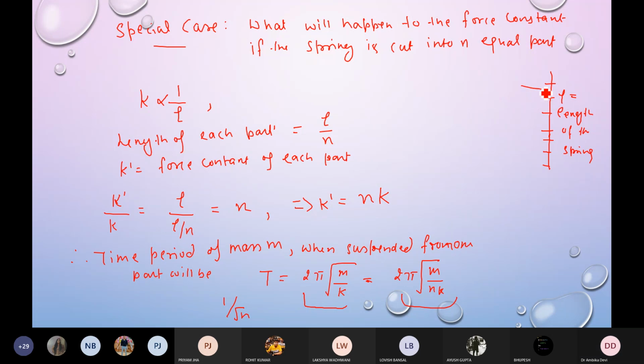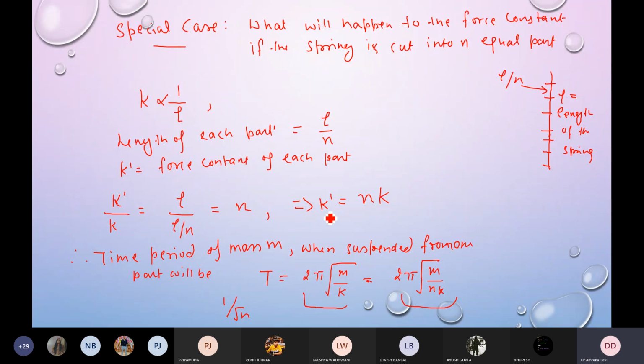If we take the ratio of k dash, the force constant of each part, to k, then since force constant is inversely proportional to length, the proportionality constant cancels, and k dash upon k is equal to L upon L divided by n, which is equal to n.